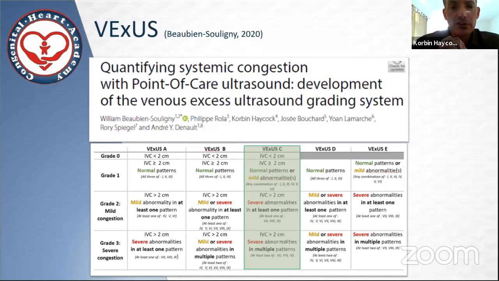We looked at different combinations of whether the IVC was dilated, normal versus abnormal patterns, and mild versus severe abnormalities. We then looked at kidney injury because it is clinically relevant as a patient-oriented outcome, and it's pretty common in the ICU.